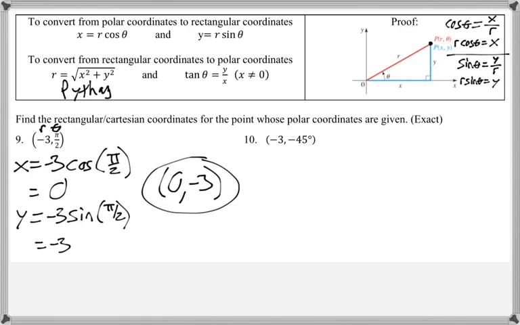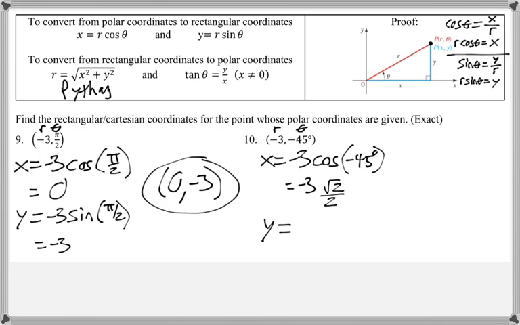With number 10, this is our r, this is our theta. So x is equal to -3 cosine of -45 degrees. And if you look at the unit circle, this will be square root of 2 over 2 times the -3 that we have there. And we can't really simplify that. For y, it'll be -3 times sine of -45 degrees.